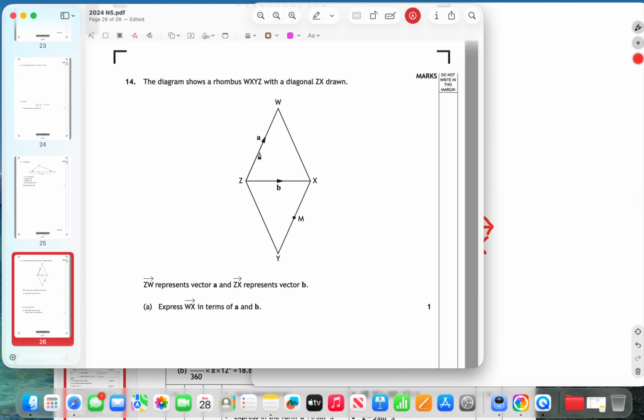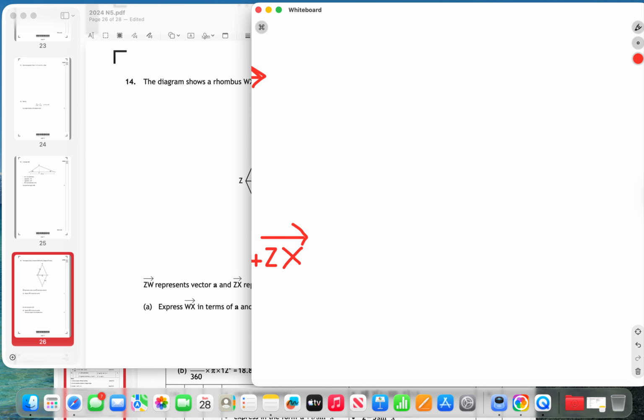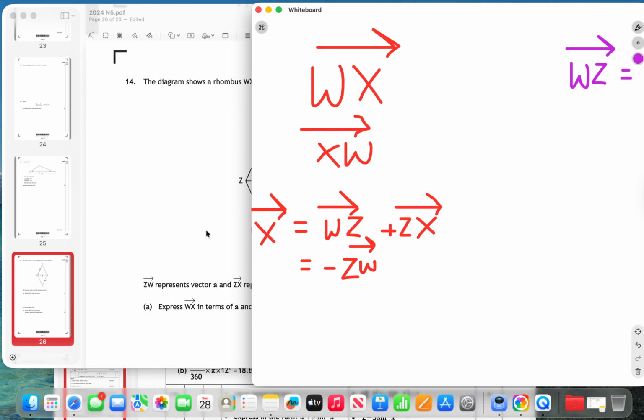But the idea with vectors is if you change the direction, then the length, the magnitude is the same, but the direction changes. So going from ZW to WZ, we can say that WZ equals negative ZW.